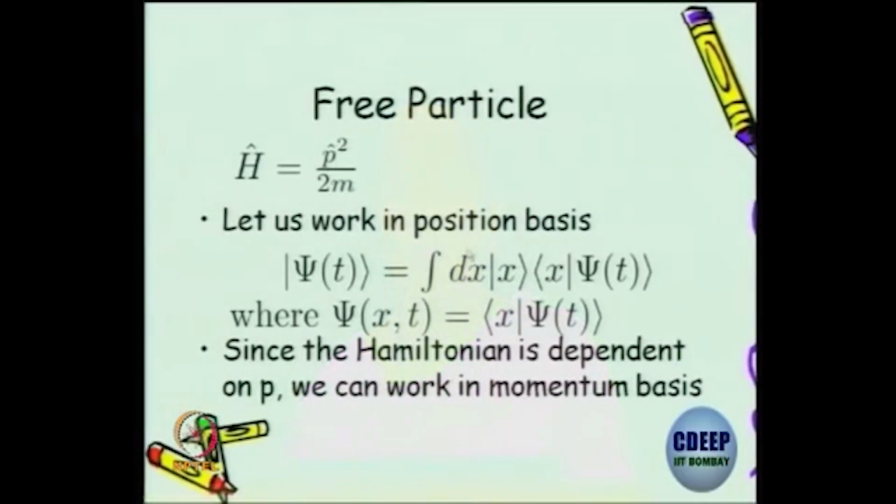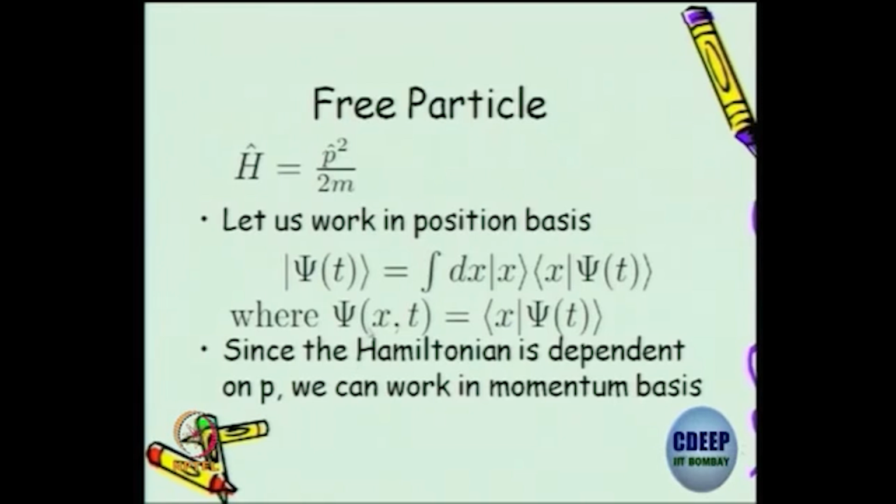This thing involves the integral over position of the outer product of position states. That's an identity operator. This integral dx, |x><x| is an identity operating on the same. So left hand side is the same as right hand side, because this is an identity.